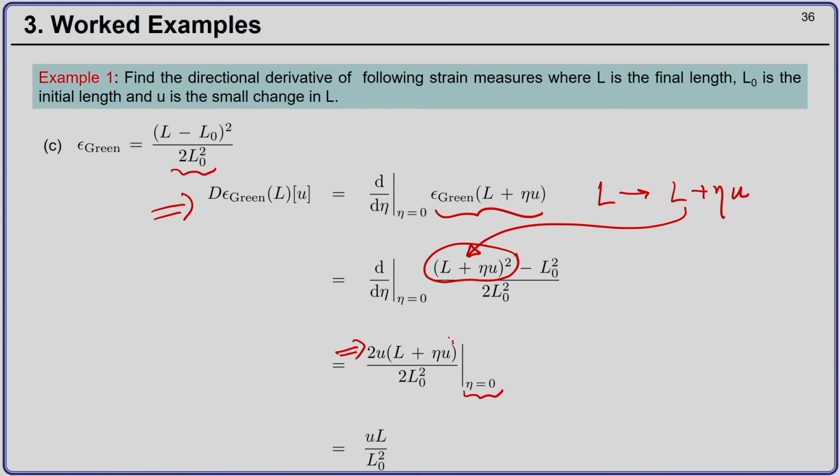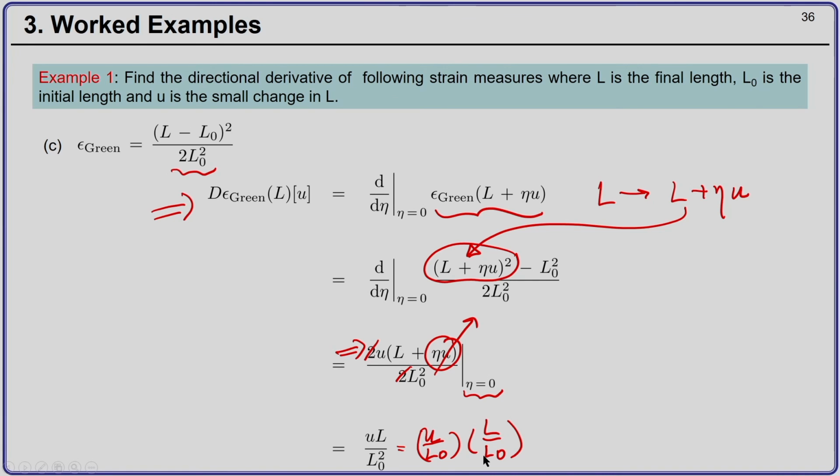Which means the second term over here will go away, and this 2 will cancel out. So, what you are left with is u L divided by L 0 square. So, this is u by L 0, you can see this is like L by L 0.